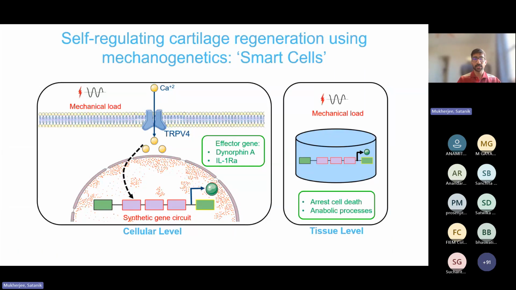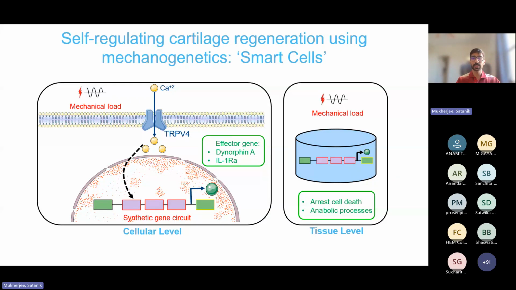So what is done now is that these smart cells are transplanted back into the knee joint. When you transplant them into an osteoarthritic knee joint with all the abnormal mechanics that these cells sense, the synthetic gene circuits are triggered, and that leads to the release of anabolic factors that arrest cell death and trigger cartilage regeneration.